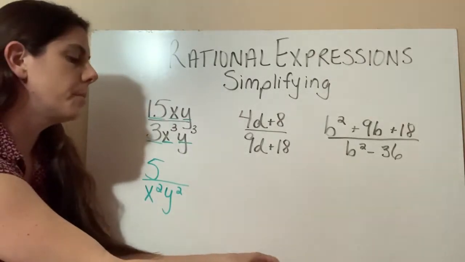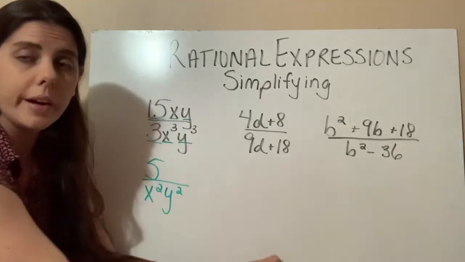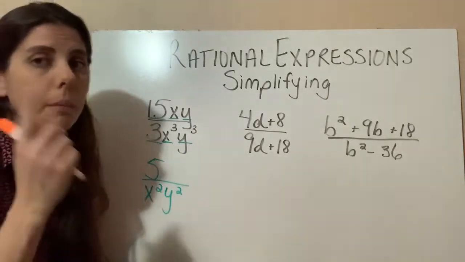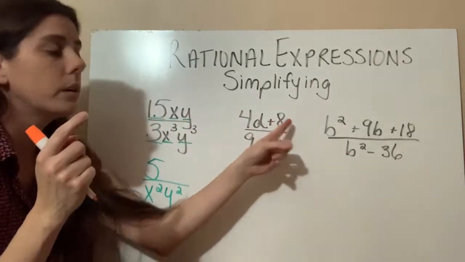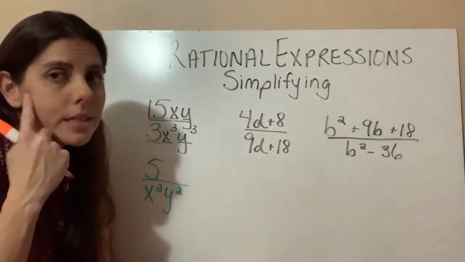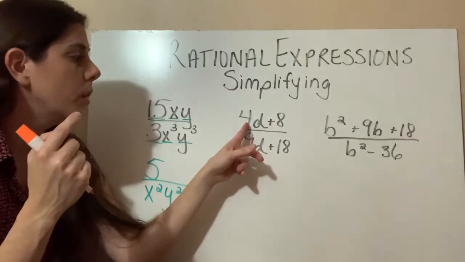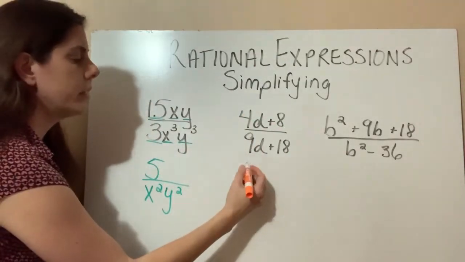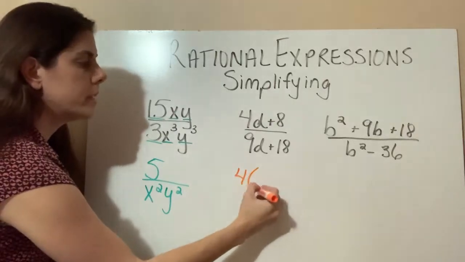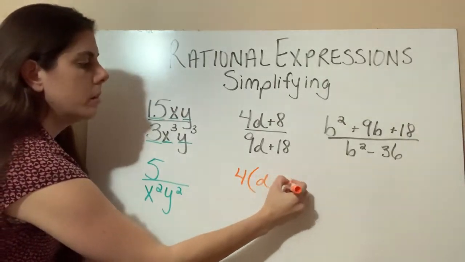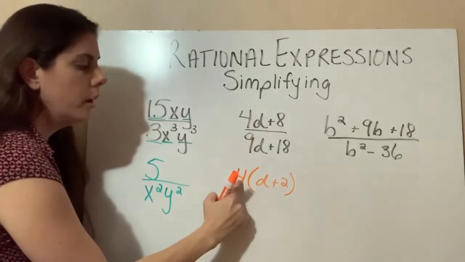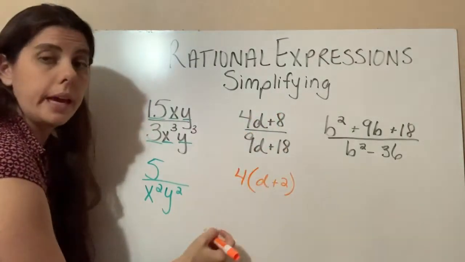For our second example, we have a binomial divided by a binomial. And in this example, what we want to do is remember our GCF. Looking at this, I can see that I can pull out a 4 from each of these terms. I could rewrite this as a 4 outside and then d plus 2. 4 times d equals 4d. 4 times 2 equals 8.